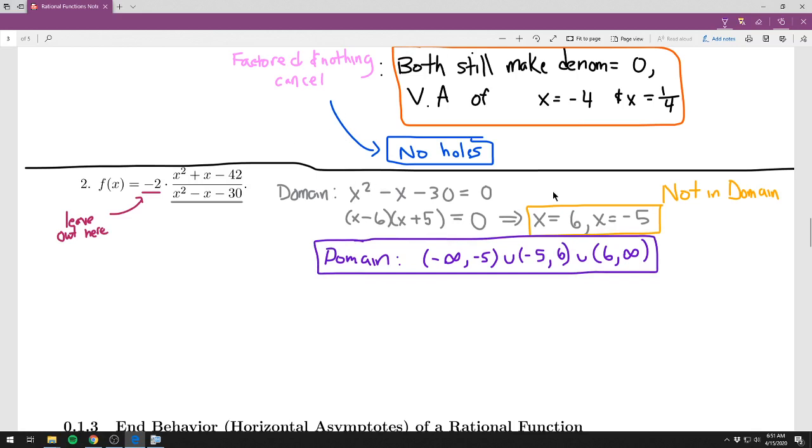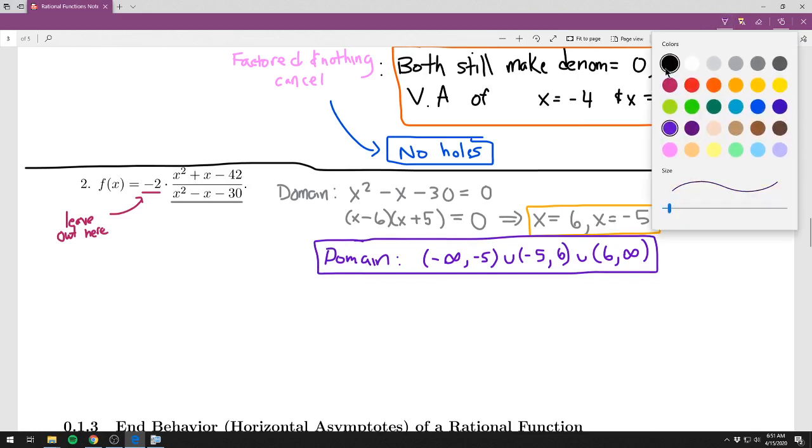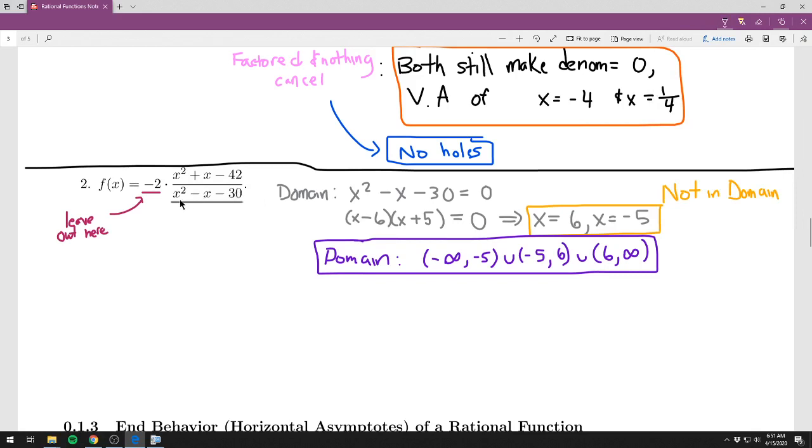Now the question is, what's happening at each of these values? This one is not factored for us. We factored the bottom already, which I'll use. We need to also factor the top. So to figure out whether we have holes or vertical asymptotes or one of each, we must factor numerator and denominator and cancel.